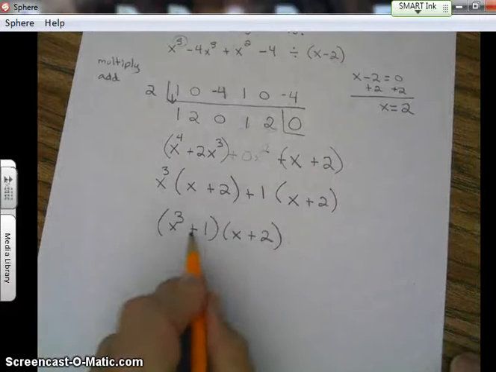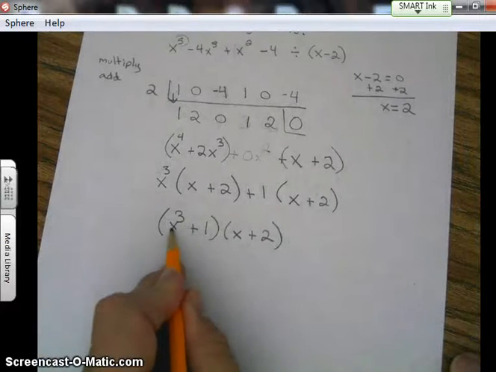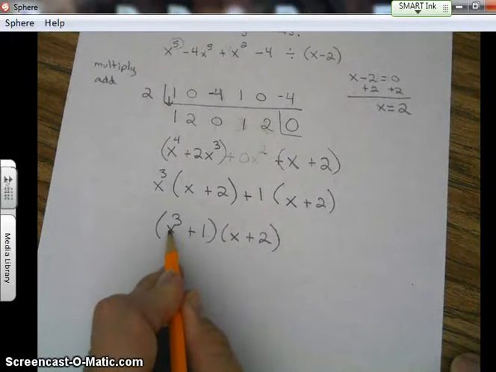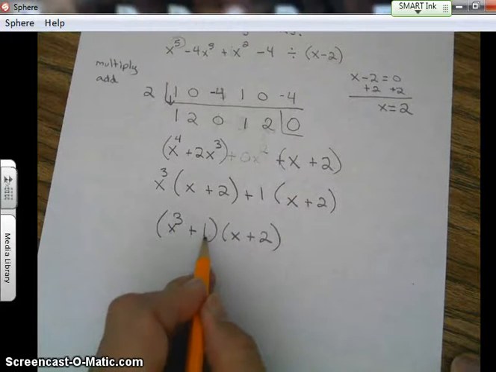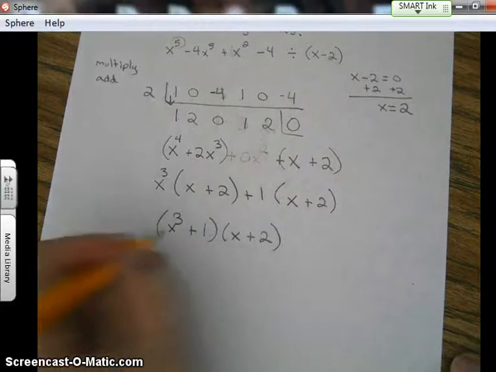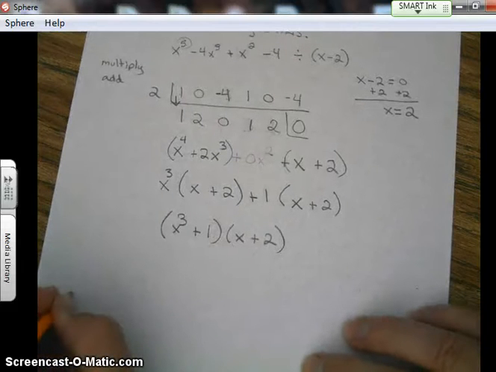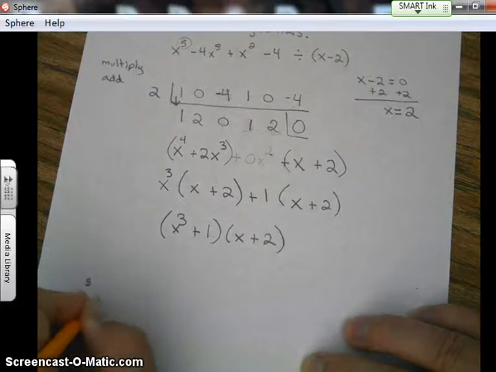Now, this is the sum of two perfect cubes. X is a perfect cube because x times x times x is x cubed. 1 is a perfect cube because 1 times 1 times 1 is 1. So what we have here is, this is the formula that you use. I put it up on the screen for y'all.